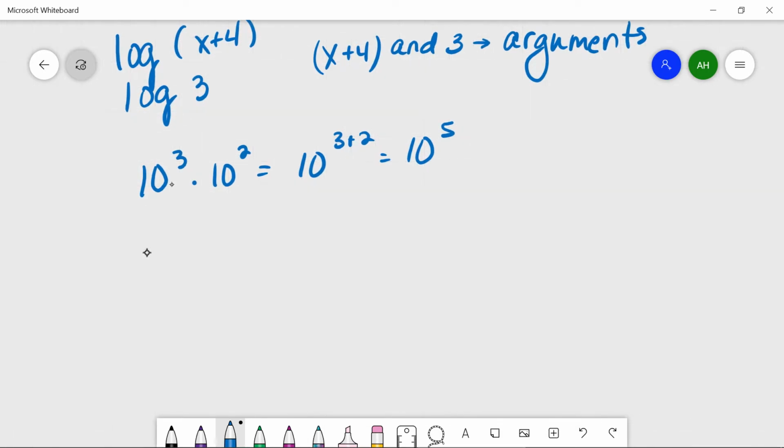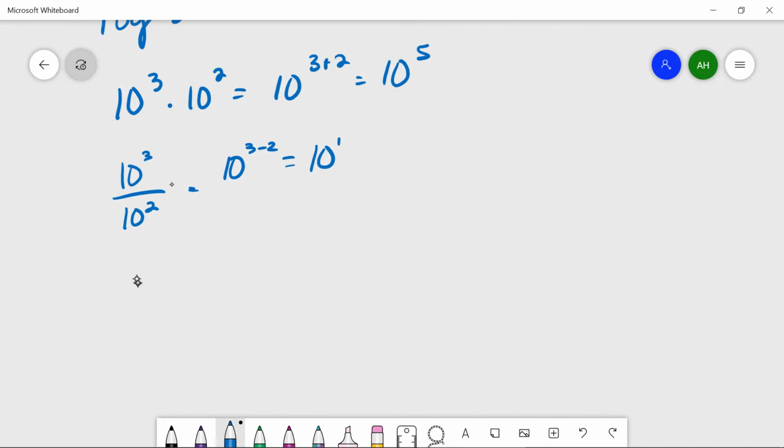And remember that if I have 10 cubed divided by 10 squared, that equals 10 to the 3 minus 2, which is just going to equal 10 to the 1. All right, and then finally remember that if I have 10 cubed and I square it, that is equal to 10 to the 3 times 2, or 10 to the 6.